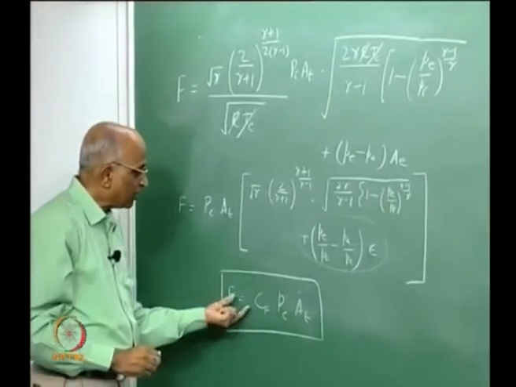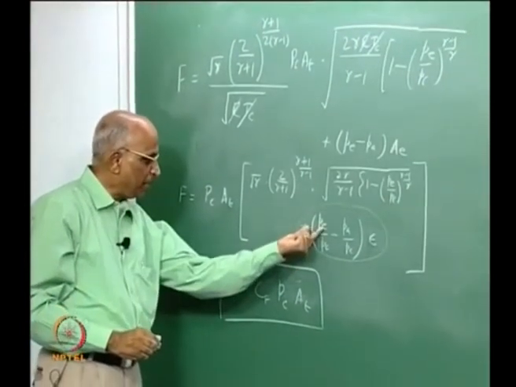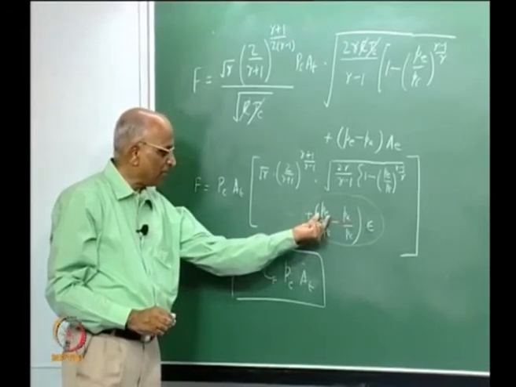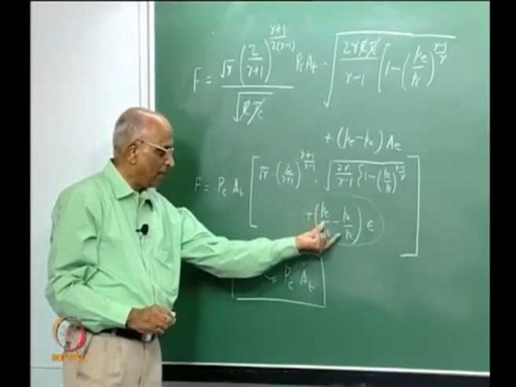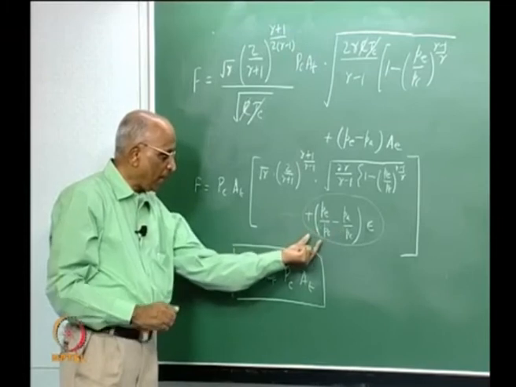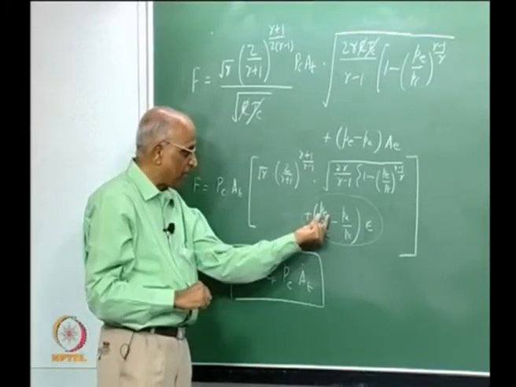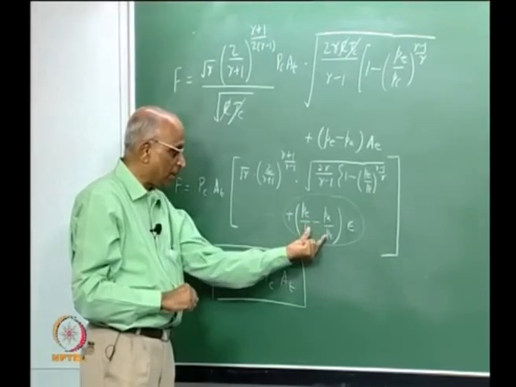Whereas if the exit pressure is not equal to the ambient pressure, if I have something like an over expanded nozzle, I get a negative term. If I have optimum expansion in which PE is equal to PA, this becomes 0.